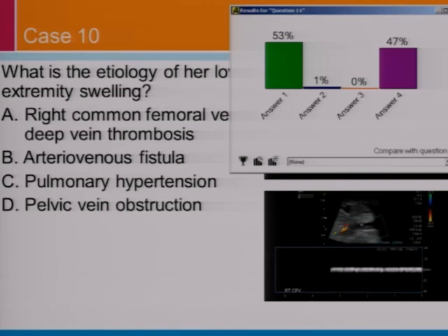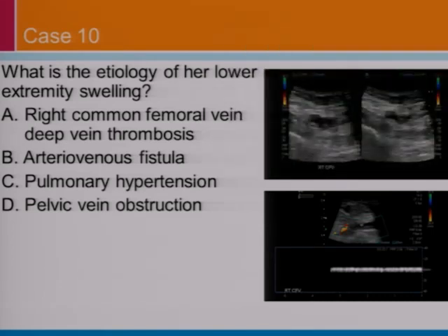So good, split 50-50. She clearly has a right lower extremity DVT. We can see that, but you can also see by the waveform that she's also not getting adequate venous outflow. So this is pelvic vein obstruction.